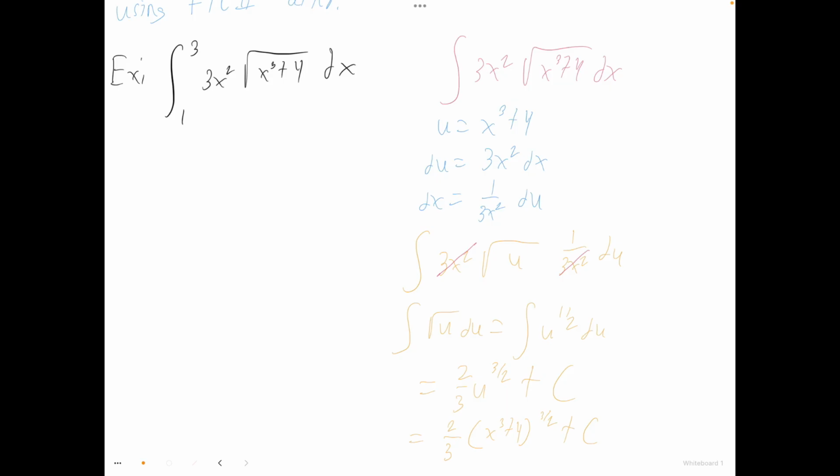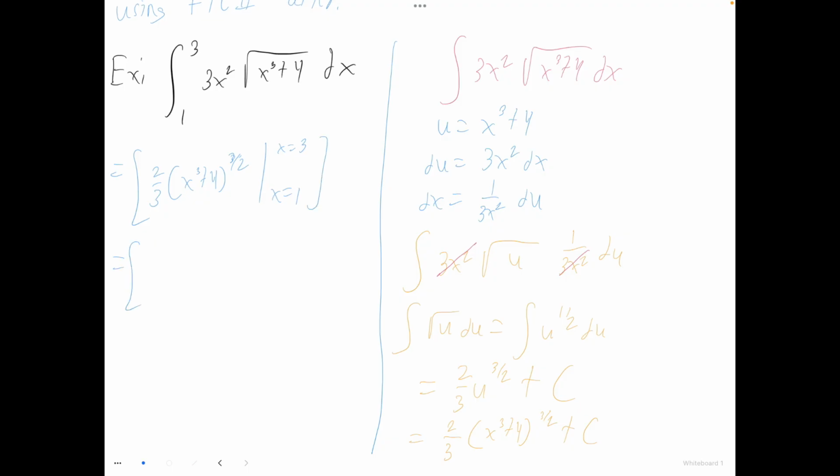Now I'm going to use the fundamental theorem of calculus. And so that all was to find the antiderivative. We know the antiderivative is 2/3 x cubed plus 4 to the 3/2. Remember, the plus c isn't really relevant, so I'm not going to write it down. And we go from 1 to 3.